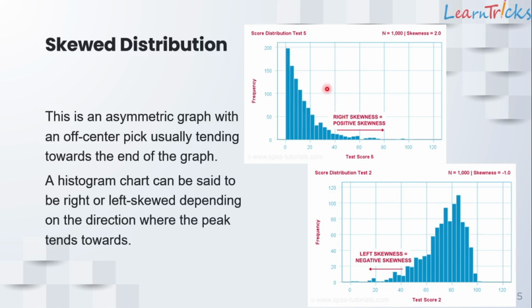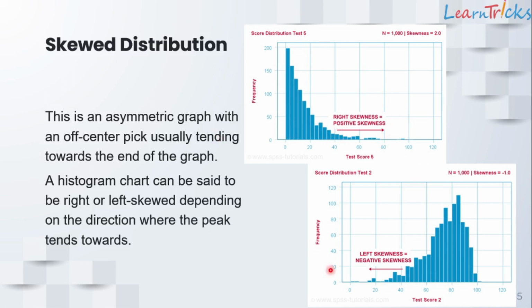So this first figure shows the right skewness or positive skewness, means when the peak of your distribution or histogram is at the left side of the graph, then it is called right skewness or positive skewness.